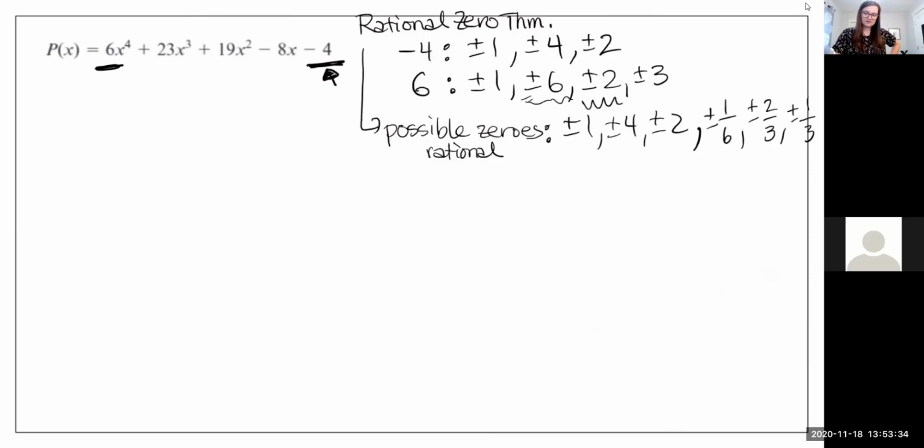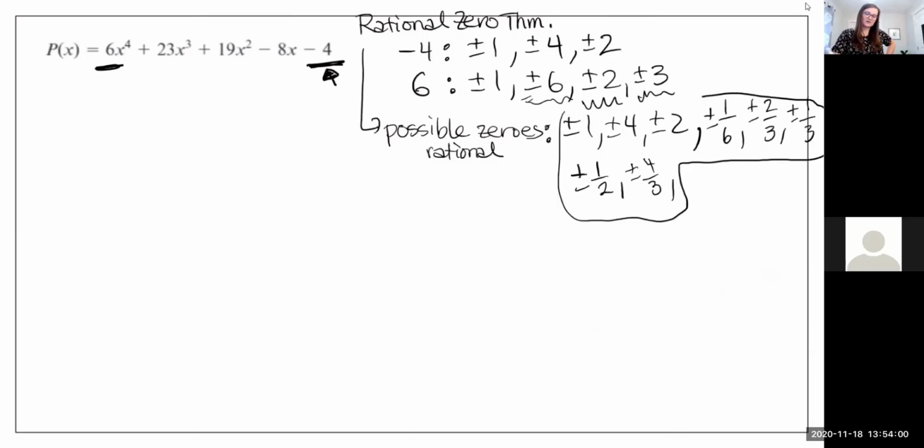So 1/2 we don't yet have. 4 over 2 is 2, that's done already. And 4 over 3, not there yet. And then finally the 2, or everything divided by the 3. So 1/3, I already have that. 4/3, I already have that. And 2/3, I already have that. So those are all my possibilities for rational zeros.